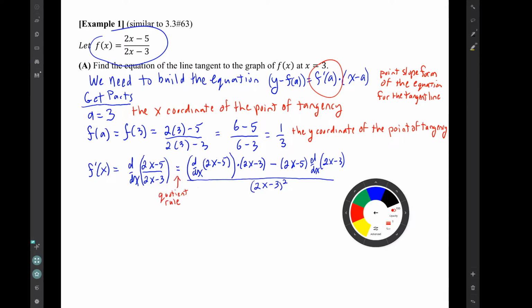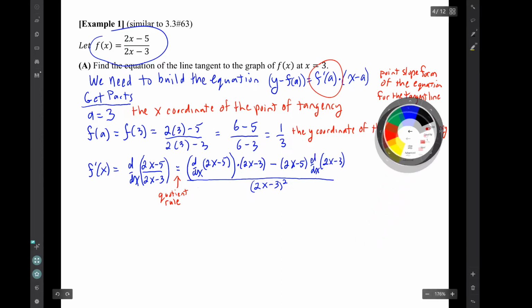So there's the result of the first step. We use the quotient rule to set up our derivative. We don't actually do these 2 derivatives in this first step. We just simply use the quotient rule to set up the form, and it tells us what derivatives we'll need to do next. For the next step, we're going to do those derivatives, but first I'll copy down all the stuff that's not going to change.